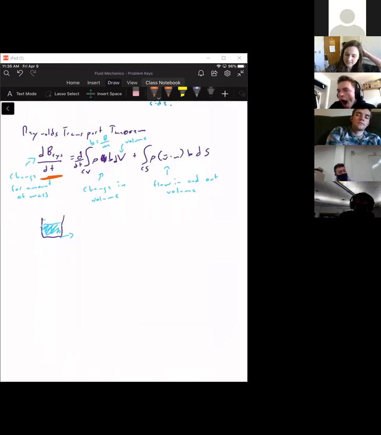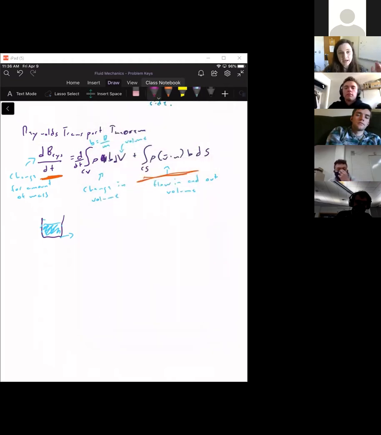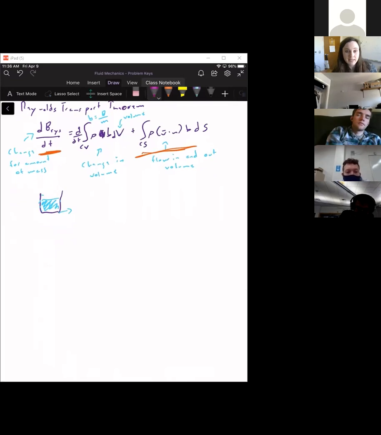Or I would say, does this part represent mass going in and out or mass changing inside the volume? So I probably wouldn't want you to write this yourself, but I might write it for you and ask a question about it. We only ever did problems on simplified versions.